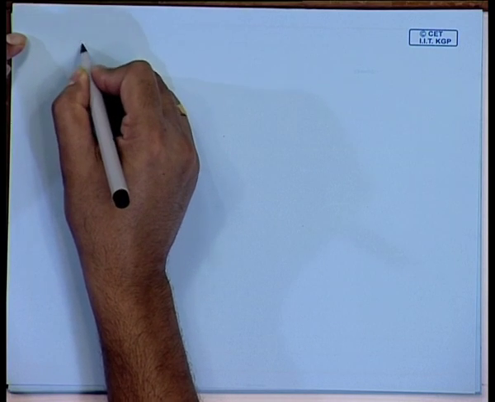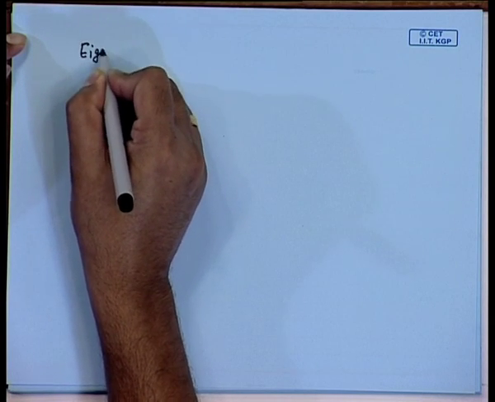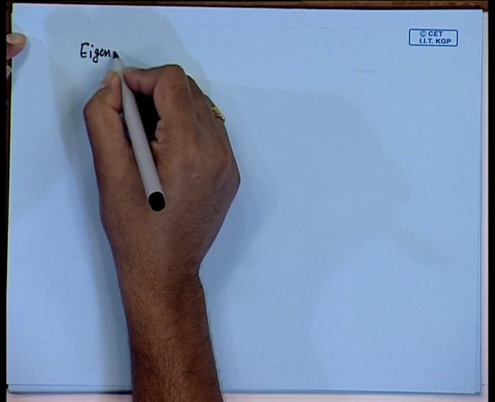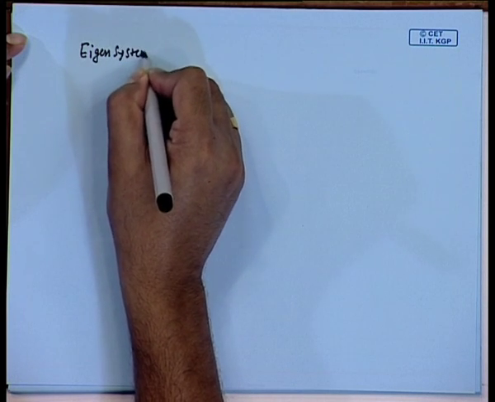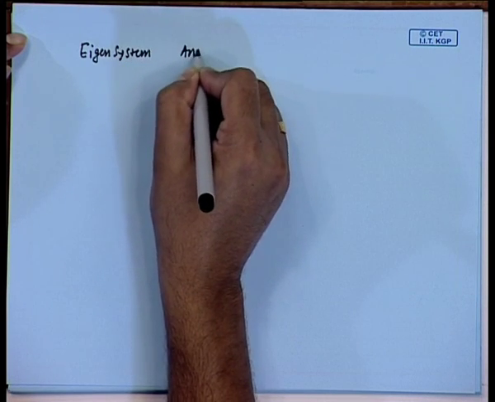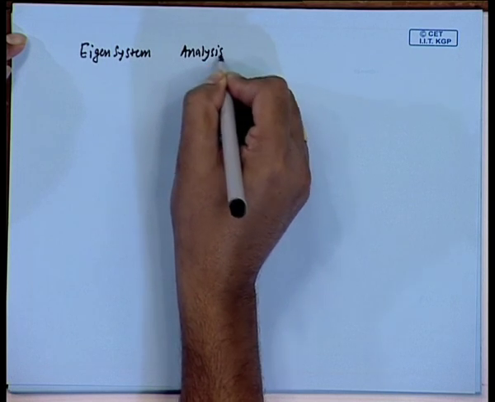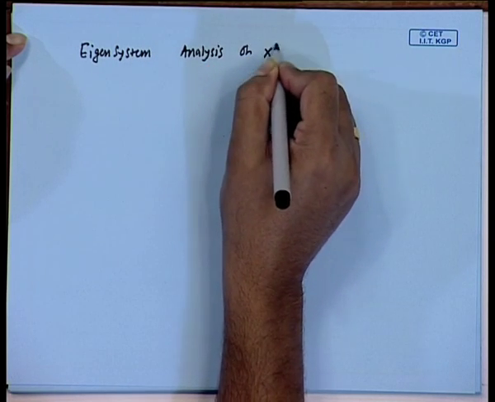Examining the correlation matrix is not always sufficient. So next we talk about eigensystem analysis of X prime X.